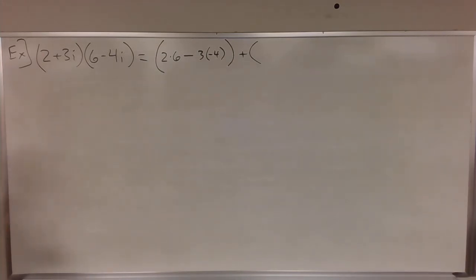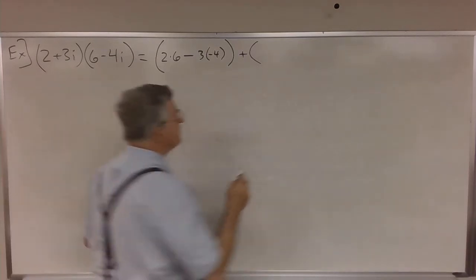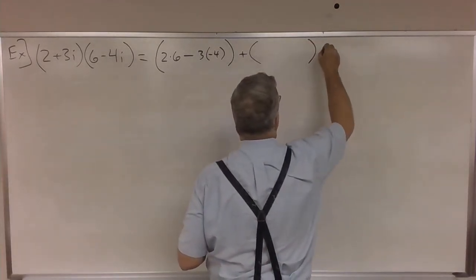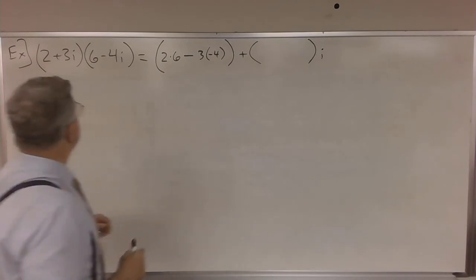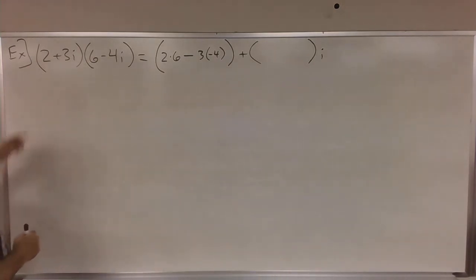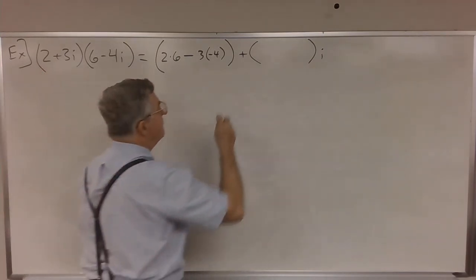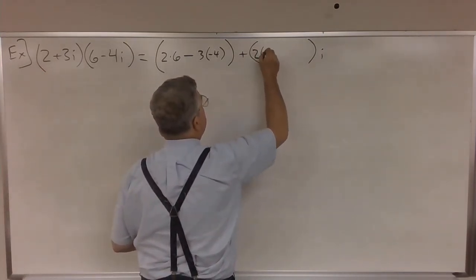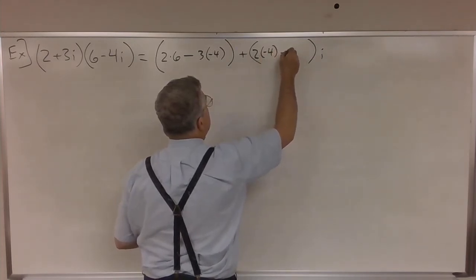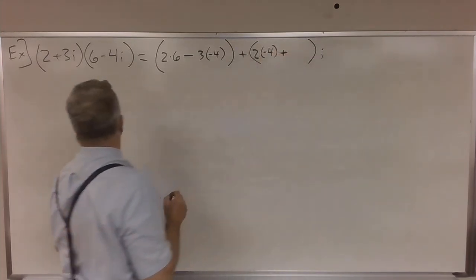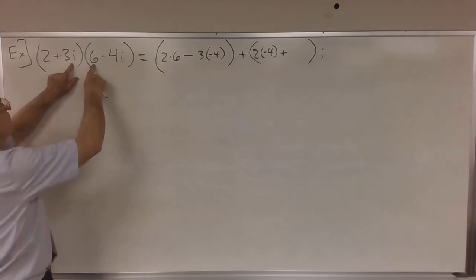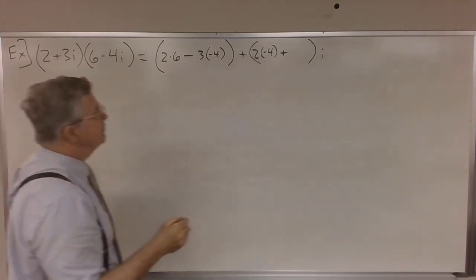Now let's see, the imaginary part. We have the product of the outers, 2 times -4, plus the product of the inners, 3 times 6.